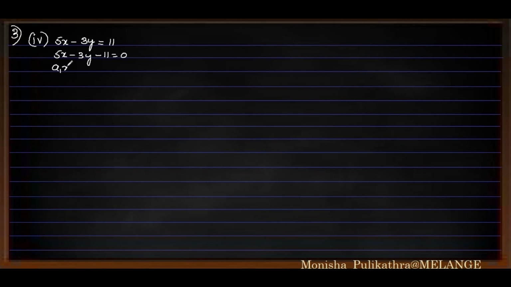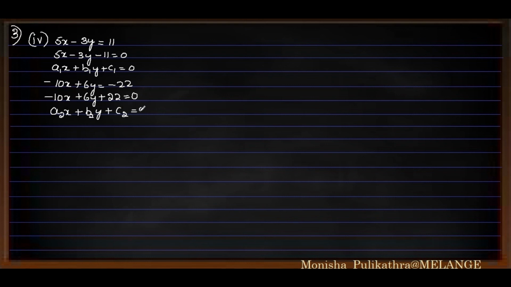So which is in the form a1x plus b1y plus c1 is equal to 0. Okay, so here the next equation is minus 10x plus 6y is equal to minus 22. Okay, so here minus 10x plus 6y minus 22, if I shift to left hand side it will become plus 22 is equal to 0, and it is in the form a2x plus b2y plus c2 is equal to 0.